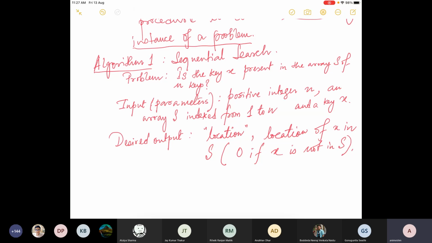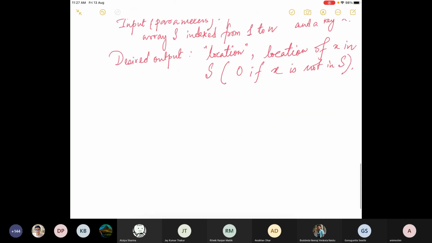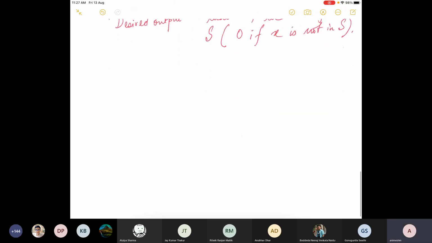Typically in a C style program, you start your array indices from 0. But here, unless I mention it explicitly, we will always assume that we are starting the indexing from 1, without any loss of generality.